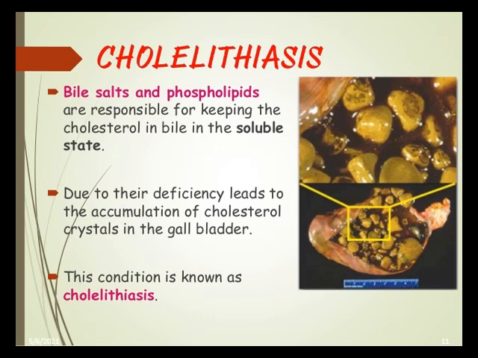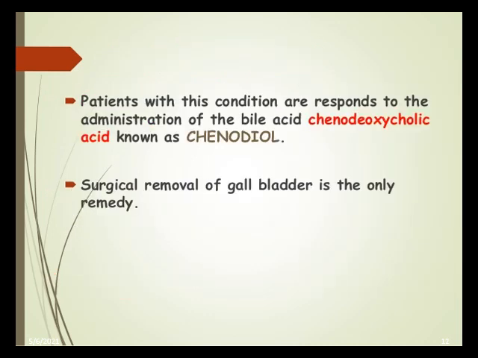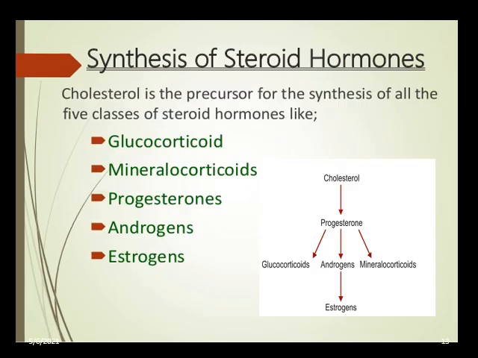This condition is known as cholelithiasis or gallbladder stone. Patients with cholelithiasis respond to the administration of bile acid, that is chenodeoxycholic acid, known as chenodiol, because bile acid deficiency leads to the crystallization of cholesterol and the formation of cholelithiasis. Surgical removal of the gallbladder is the only remedy.